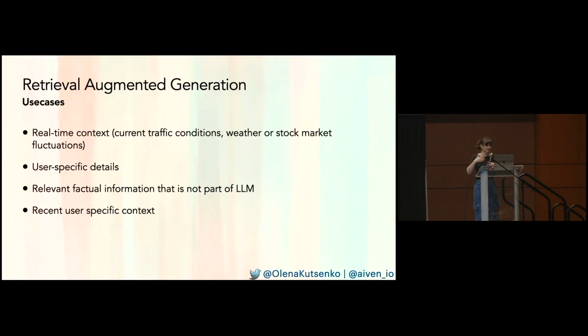And then we have other scenarios where, for example, ChatGPT or any other large language model will not really know about the current traffic situation or weather or stock markets from today, from this moment. But sometimes we want to provide the data as additional context. Same for user-specific details, same for any other stuff which the large language model was not trained on.